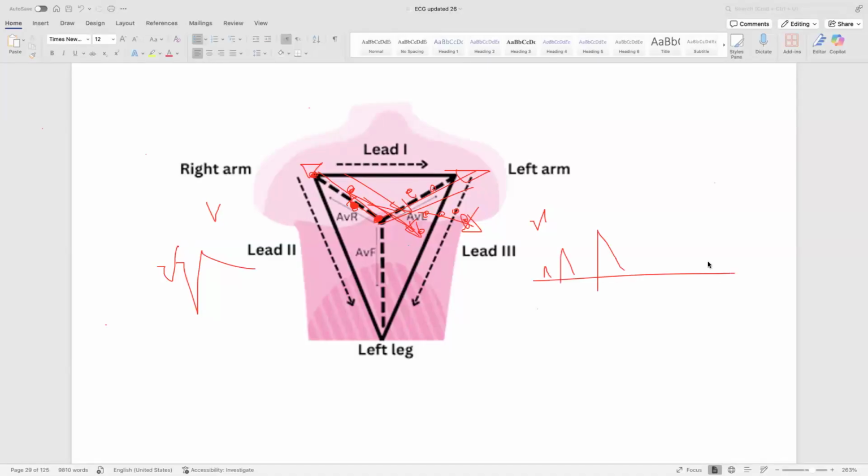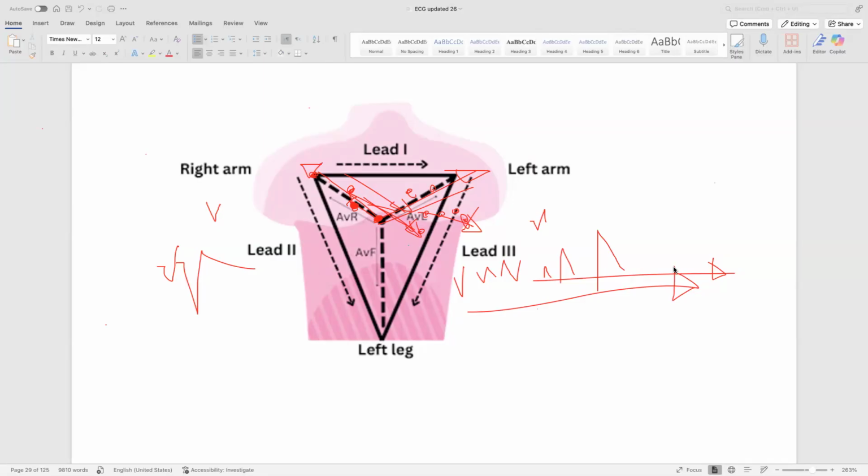What are we saying here? Negative, biphasic, positive small, positive medium, positive large. What are we calling this? A very important finding: R wave progression.